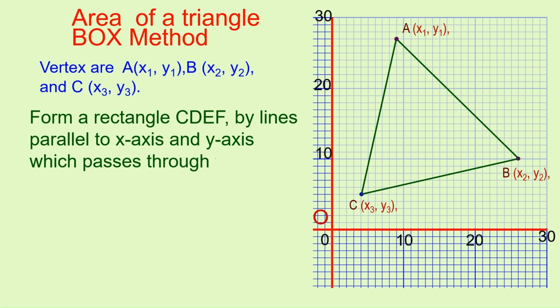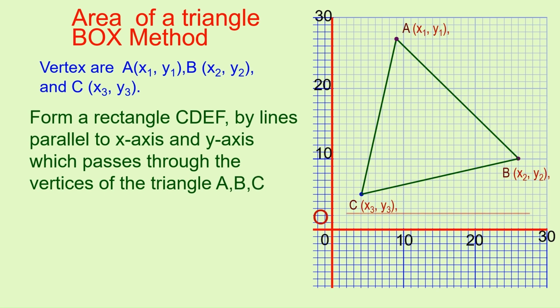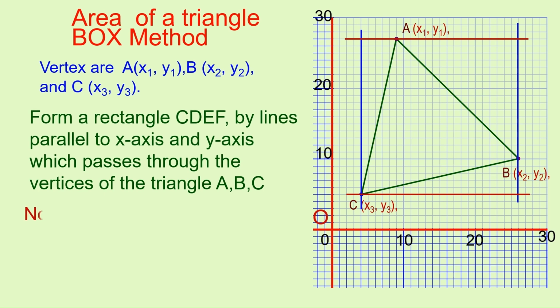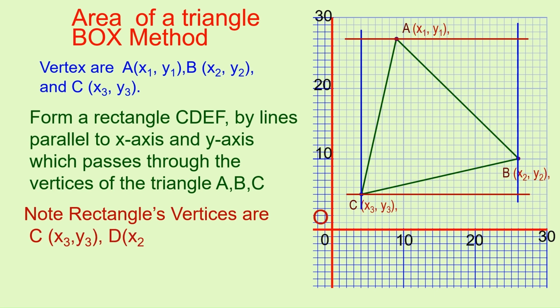Now, form a rectangle CDEF by lines parallel to the x-axis and y-axis which pass through the vertices of the triangle A, B, C. Note: this rectangle's vertices are C (x3, y3), D (x2, y3), E (x2, y1), and F (x3, y1).